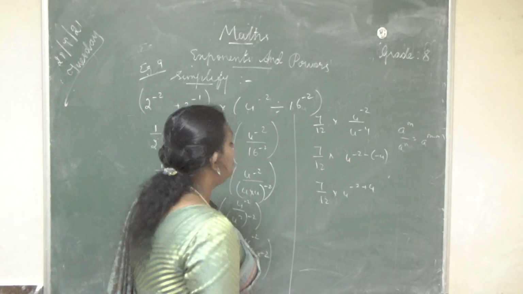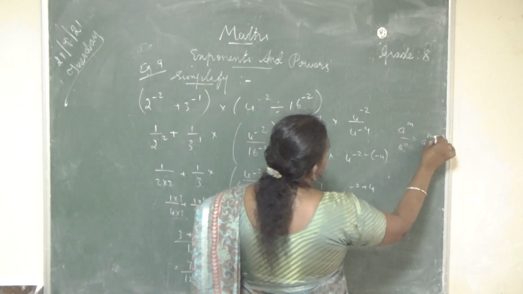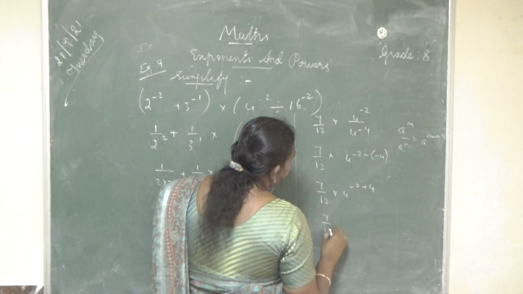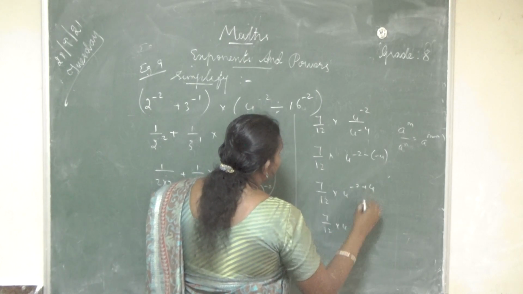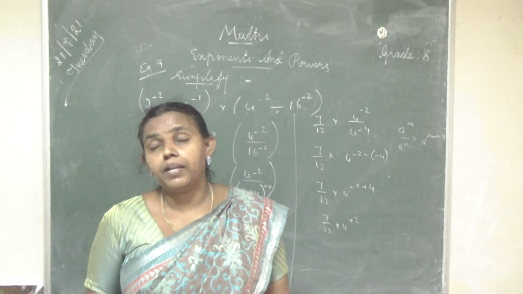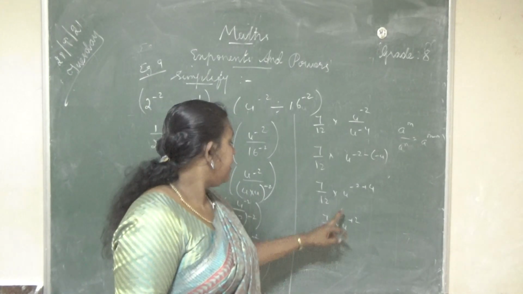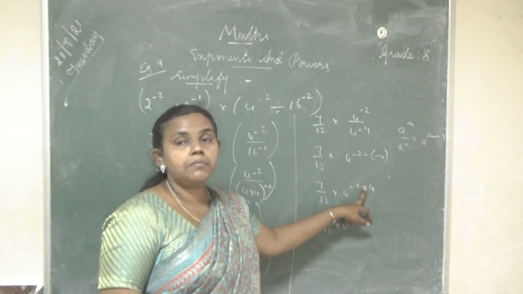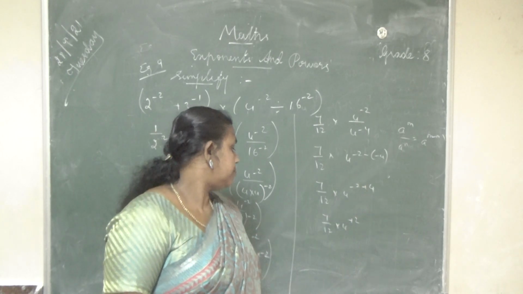This minus is here, and this minus 4 I have here. So 7 by 12 into 4 power minus 2 plus 4. Different signs, so subtract and put the greater number's sign. So minus 2 plus 4, different signs, so I subtracted. What is the greater number's sign? Plus is the greater number's sign.